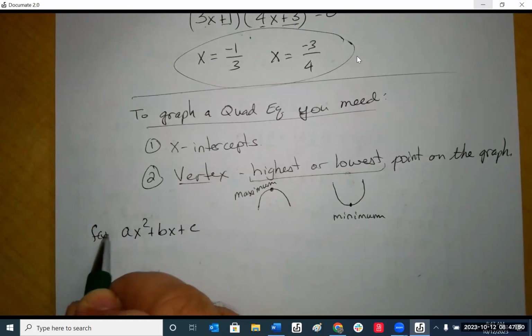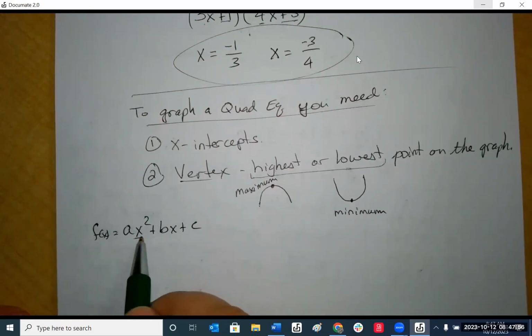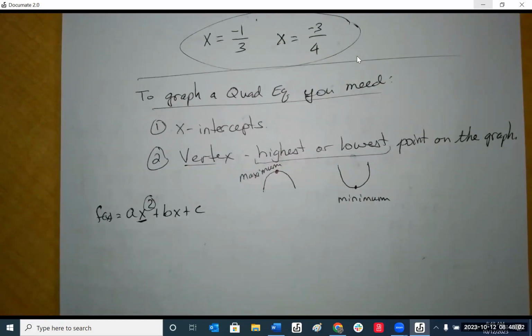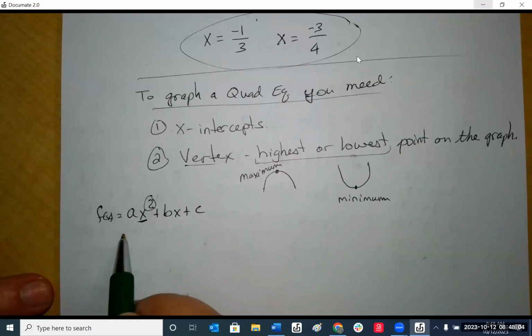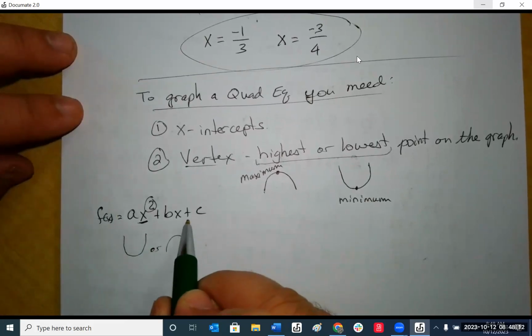So here's our quadratic function. Since the largest exponent is a square, we know that it's a quadratic equation. Because it's a 2, we know the graph looks like this or like this. Library of functions tells you that.